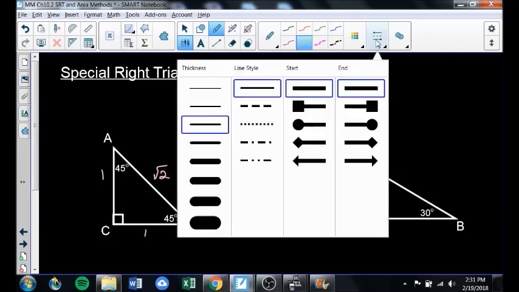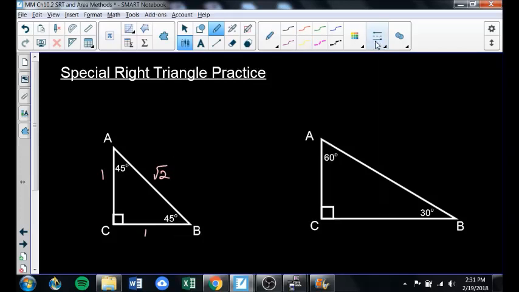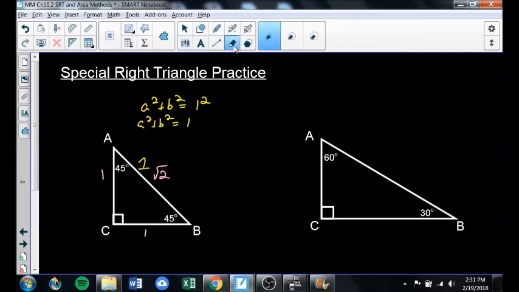Or you could pick any side to be the side of reference, the side you're working with. Like suppose that the hypotenuse was 1. If the hypotenuse is 1, well now I know that a squared plus b squared equals c squared, which is 1 squared. But I also know that a and b are the same. So this a squared plus b squared, I could actually just call a squared plus a squared because they have the same length.